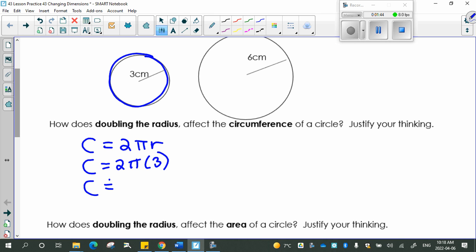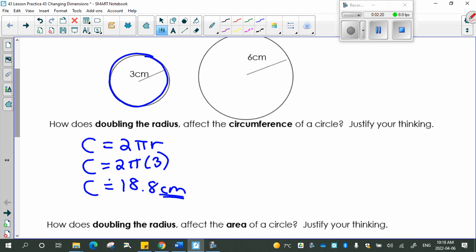If you can't, ask your tutor how. 2 times pi times 3. What did people get for 2 times pi times 3? 18.8, awesome. 18.8 centimeters.